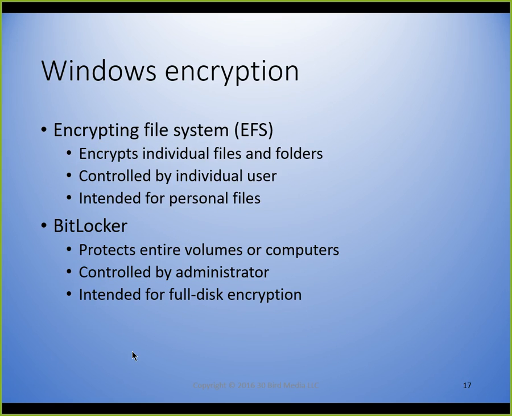The encrypting file system, the one that we looked at on the server, encrypts individual files and folders, controlled by the individual, intended for personal files. When we encrypt this thing, you saw that it generated a key. What the system does when we use the encrypting file system to encrypt a document is create a symmetric key. It creates its own key and encrypts the document with that key, then uses the EFS key to encrypt that encryption key.